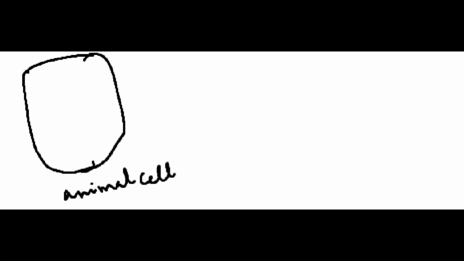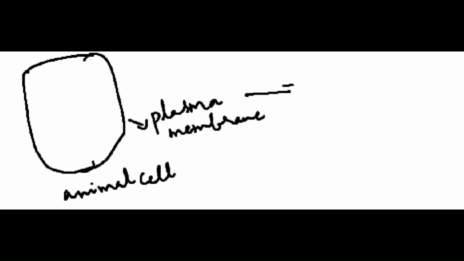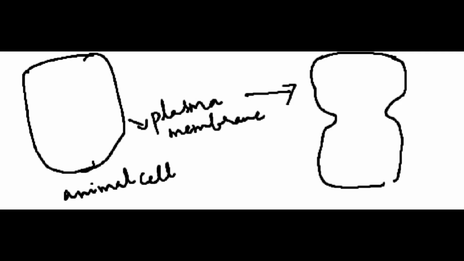So if this is an animal cell, this is the plasma membrane. During cytokinesis, a division furrow appears in the plasma membrane of the cell.